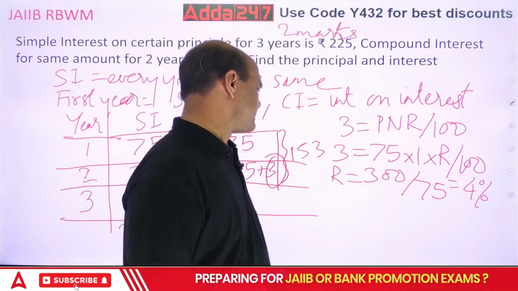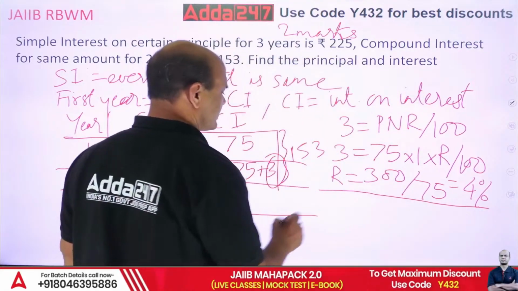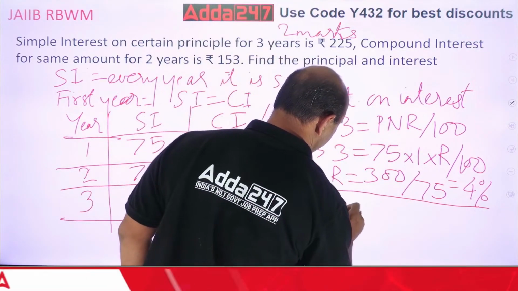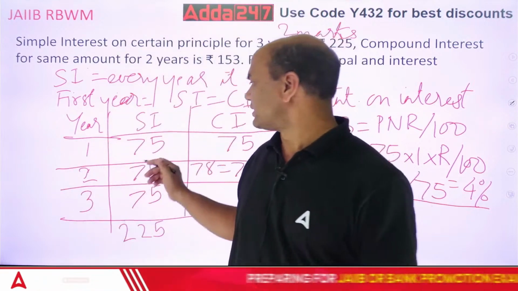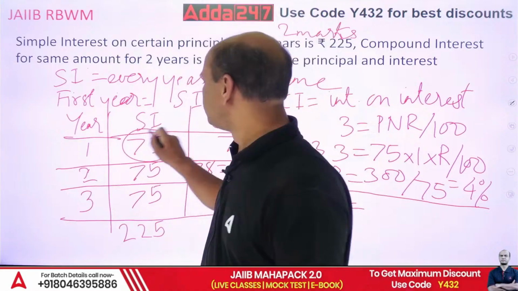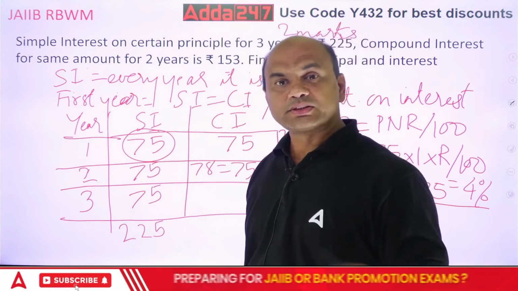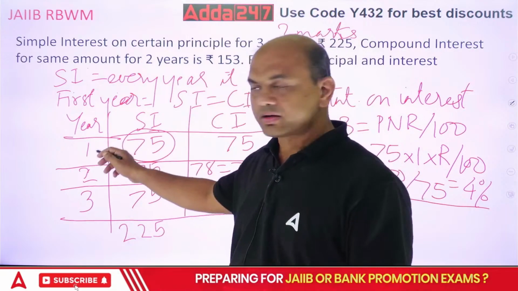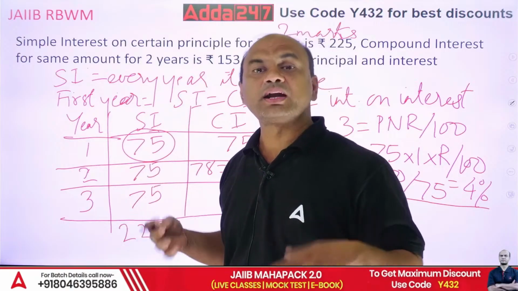Now you look at it. Suppose I write it like this over here: 75 equals to. What is this 75? This 75 is the interest for the first year. How did I get this 75 rupees interest? I invested something for 1 year and then I got 75. So what is that something?